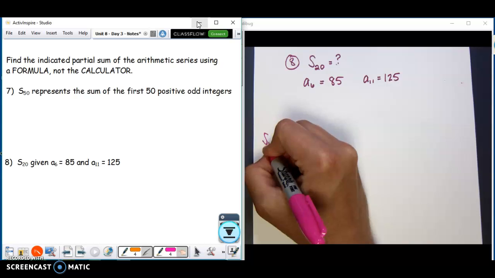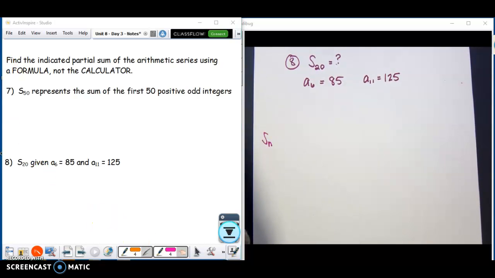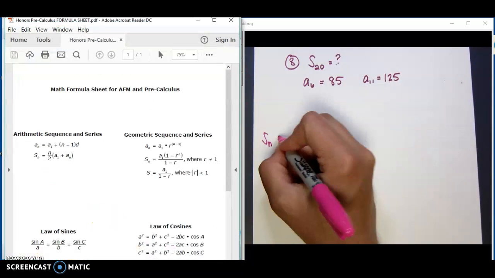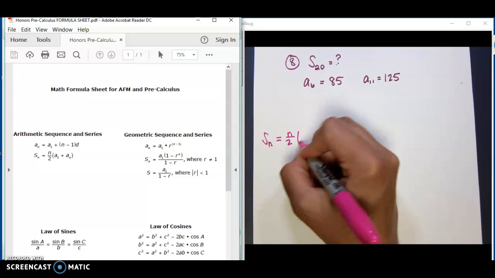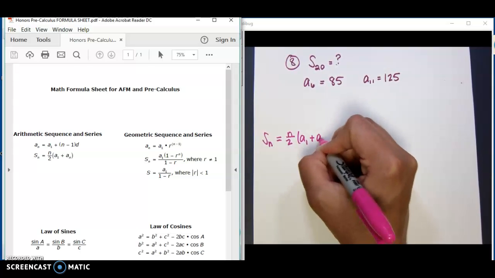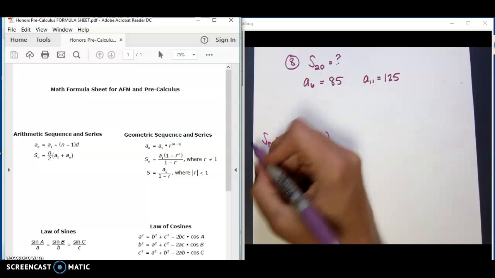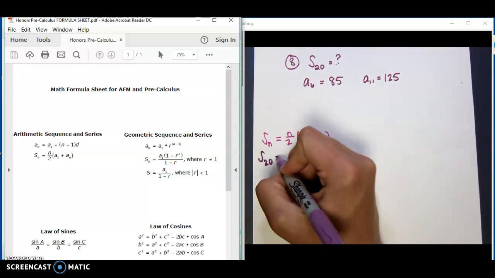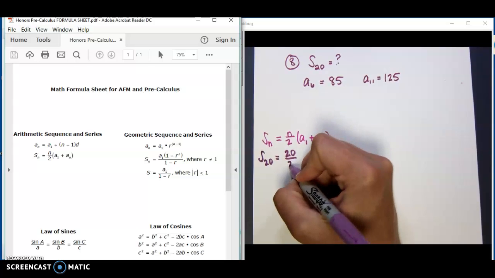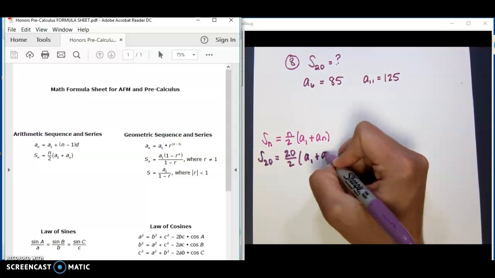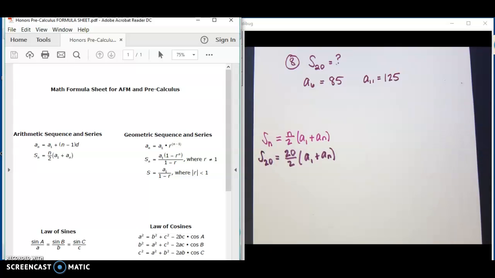So we're going to be using S sub n, if you want to take a look at the formula sheet, equals n over 2 times (A sub 1 plus A sub n), because we're trying to find the sum of 20. So specifically, we're trying to do S sub 20. So that means n is 20. We need A sub 1 and we need A sub n. Right now, we don't have either of those things.